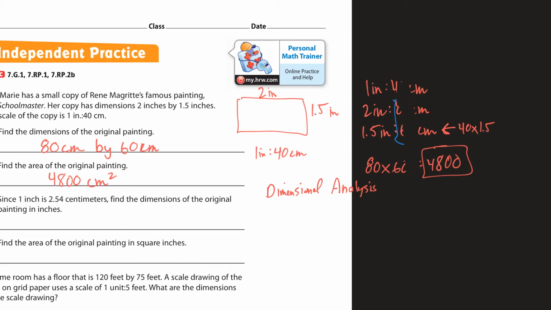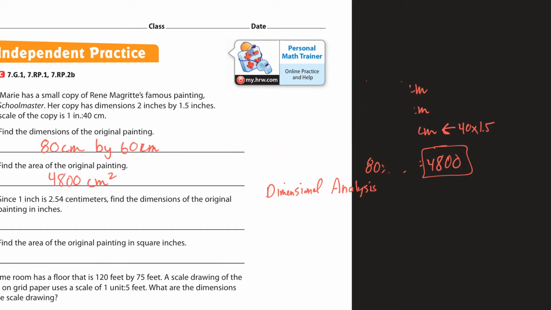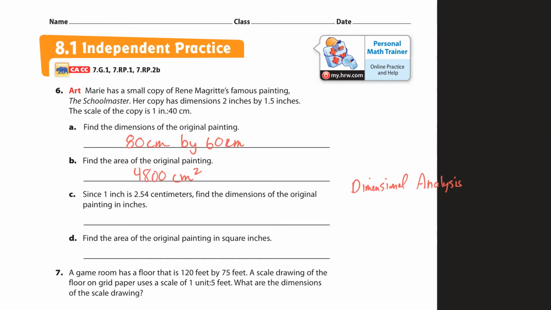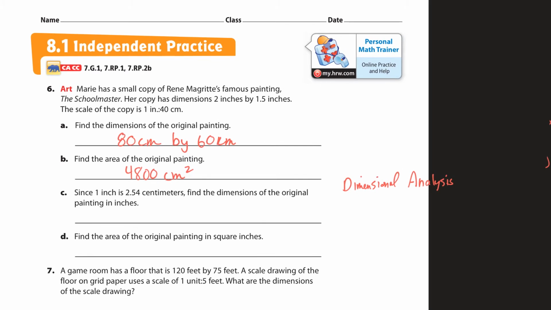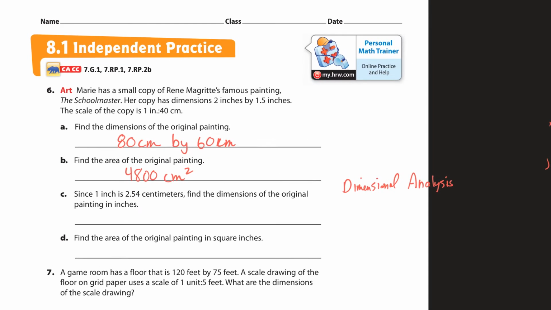Dimensional analysis kind of sounds scary, but let me walk you through it because it helps me when I'm trying to convert stuff and know, do I multiply by 2.54 or do I divide by 2.54? That's a big question. So let's start with what I have.